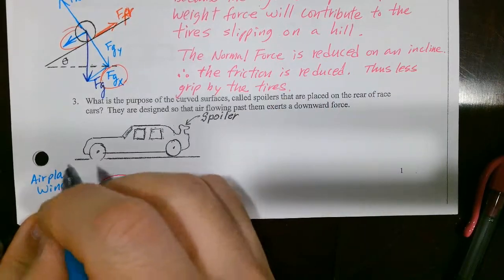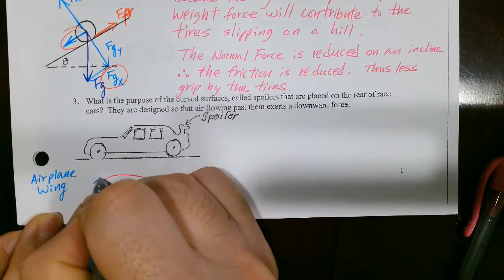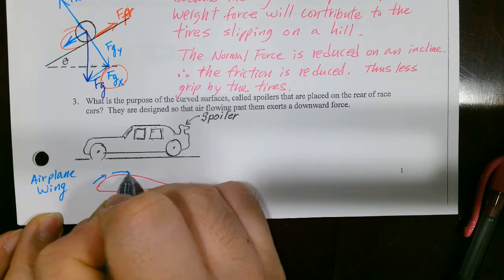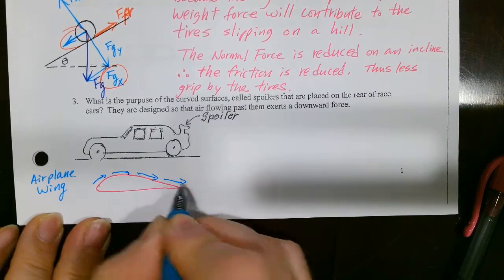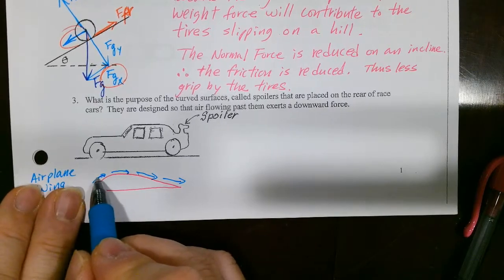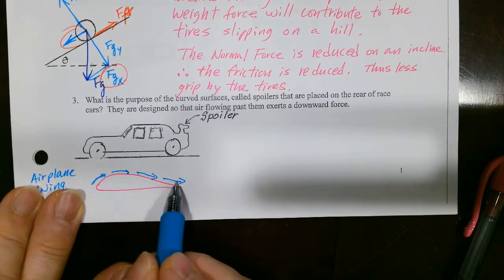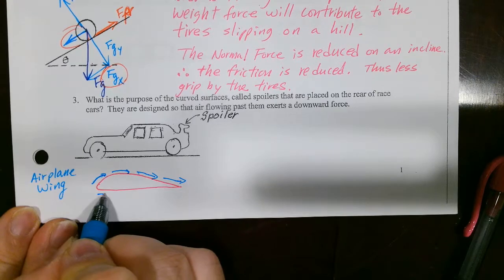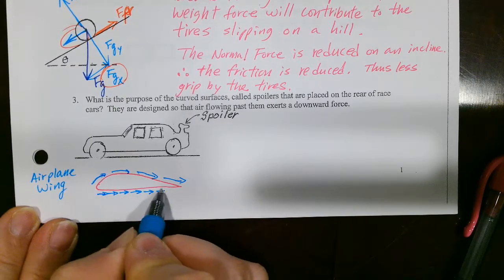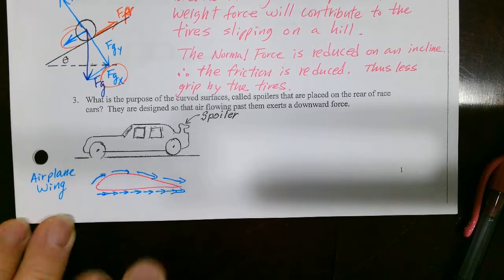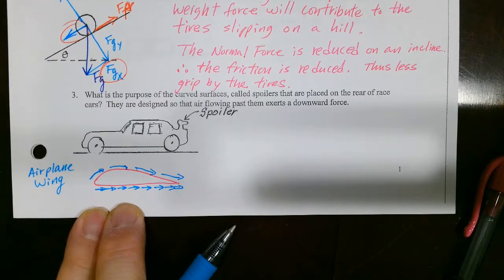When the air flows, it flows over the top in a longer distance, so the air molecules get spread out a lot more than those going through the bottom of the wing.